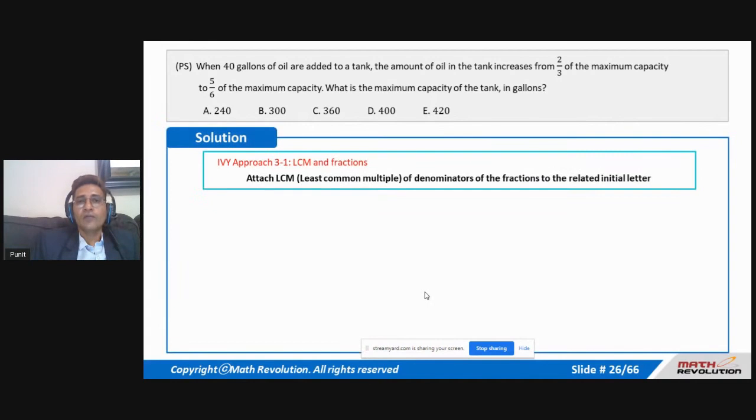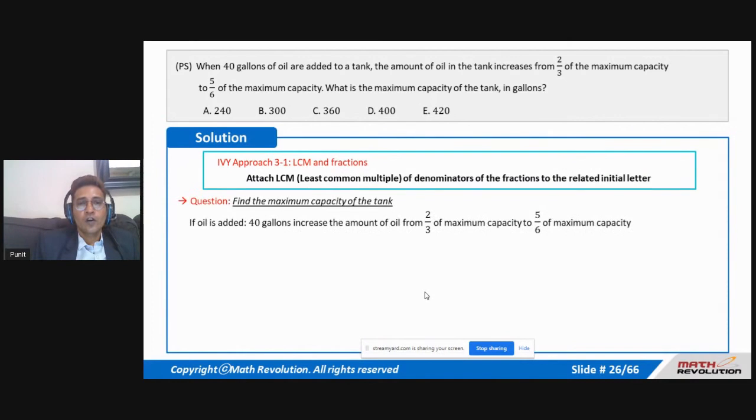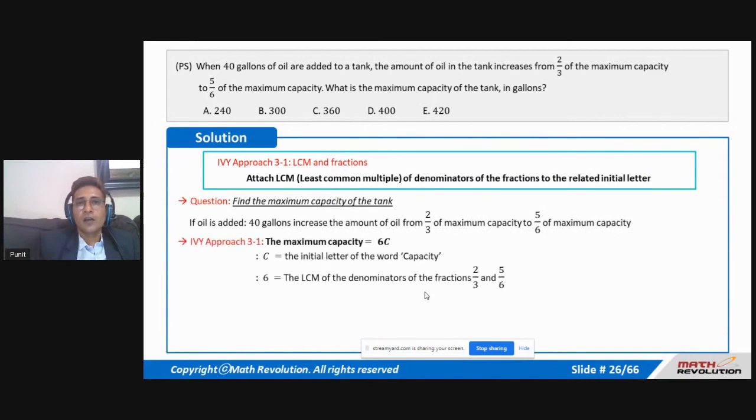Simple, I'll attach the LCM of the denominators of the fractions. We need to find the maximum capacity, so we take the initial of capacity as C. Let's focus on the denominators of both fractions, which are 3 and 6. The LCM is 6. My complete maximum capacity becomes 6C.